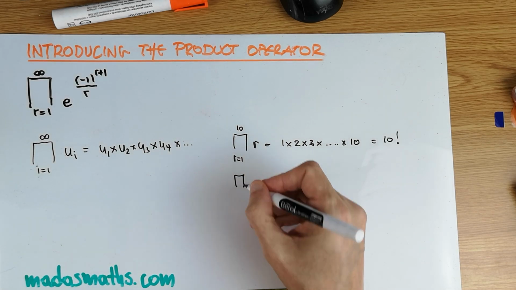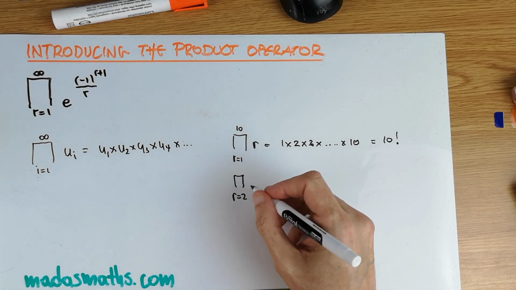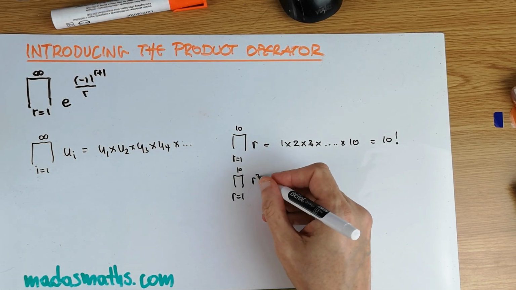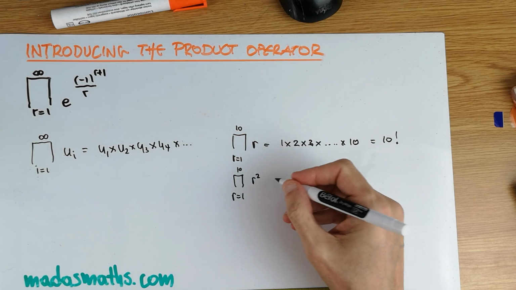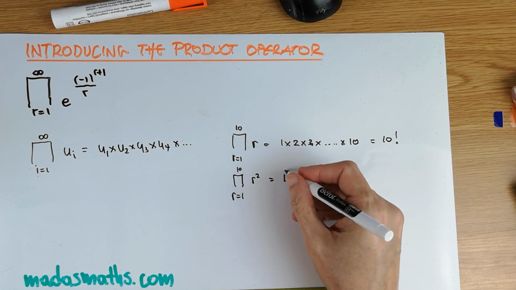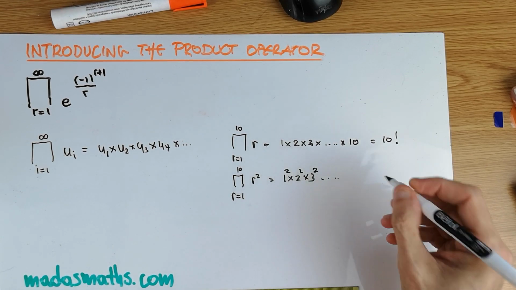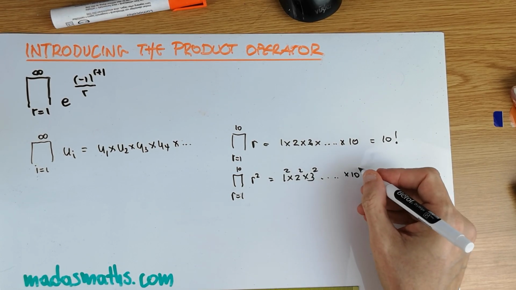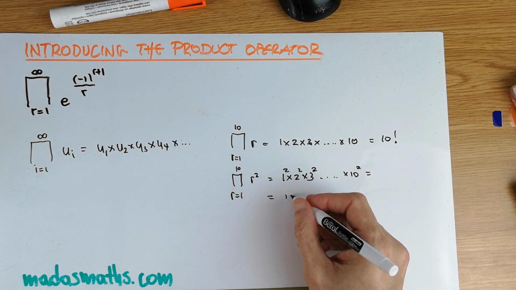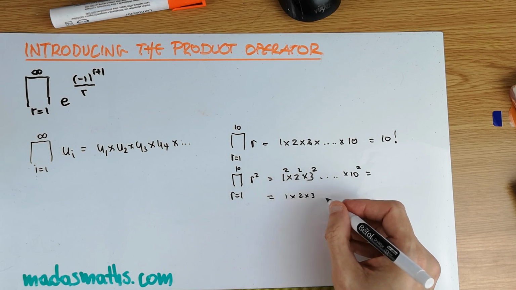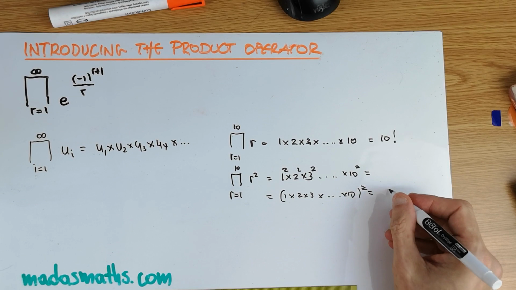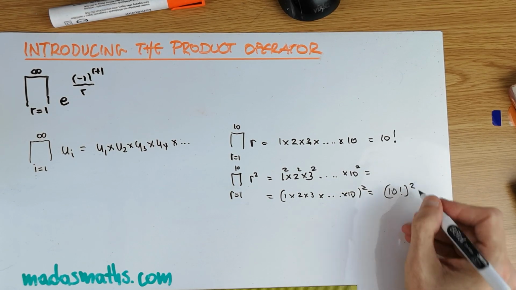What about if we had, let's put actually again another one from 1 to 10, and we put an r squared, so that is equal to 1 times 2 times 3, of course they're all squared, times 10 squared, which of course we can write as 1 times 2 times 3 times ... times 10 all squared, which is the 10 factorial all squared.